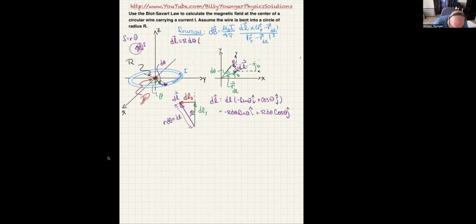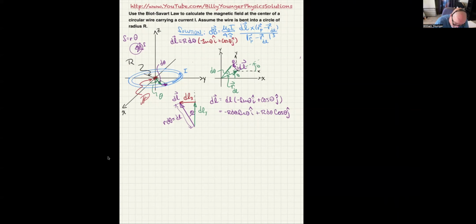I'll do it in red just so you can see that we took it from down below, and what I'm going to get is negative sine theta I hat plus cosine theta j hat, and that's my dl vector.